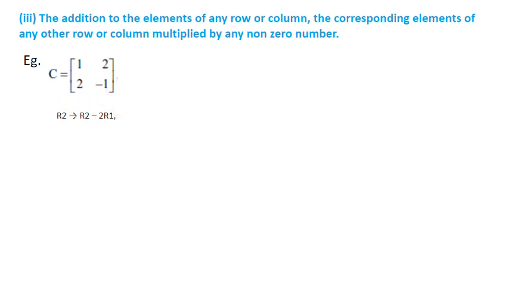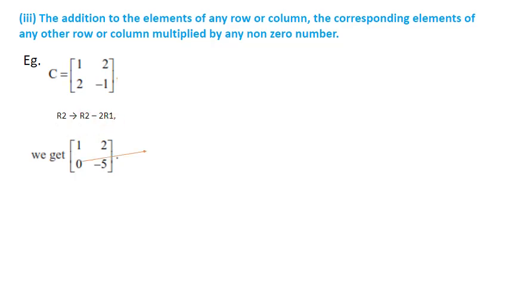So let us have a look at the answer. We will get 1, 2, 0, minus 5 as the resultant matrix. Here it is mentioning R2 only, which means R1 has no change, so the same 1, 2 will come as R1. For R2, we have to take each element and do this operation.